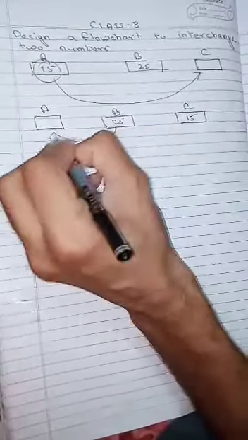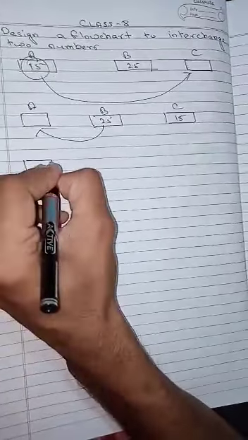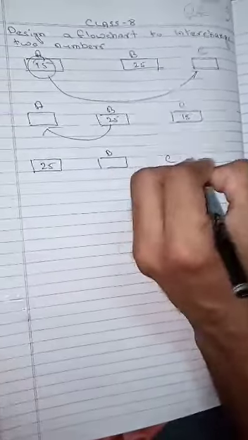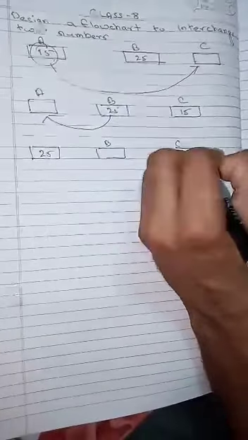In the next step, we will shift this 25 to A. So now A is becoming 25, B is becoming empty and C remains 15.